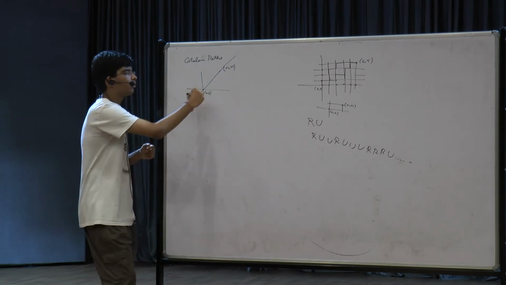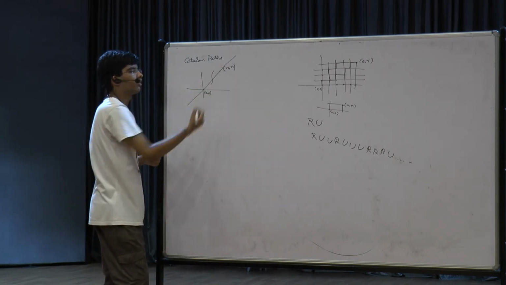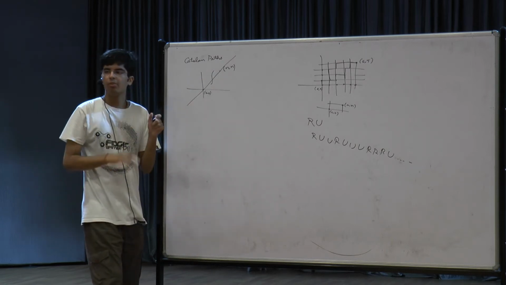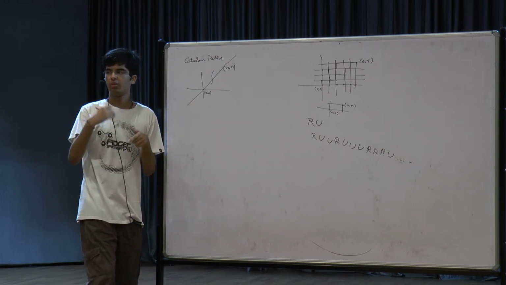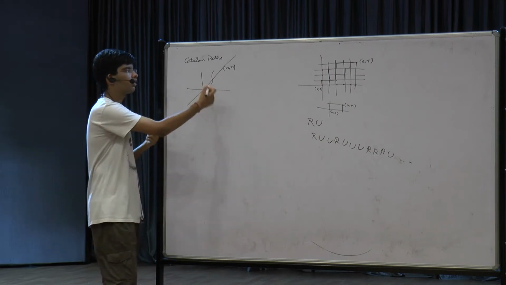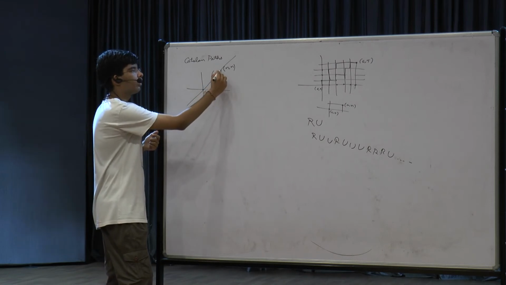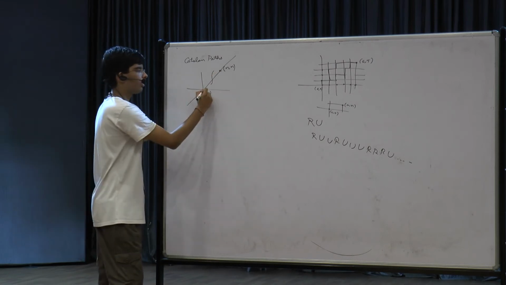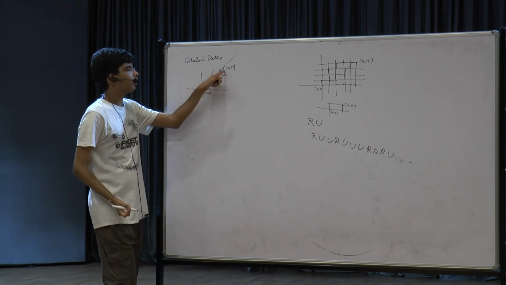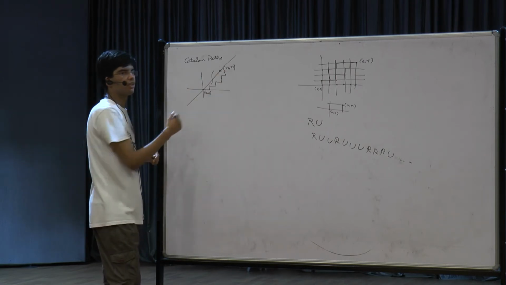Your path is never supposed to cross this line. Your path is always to touch the line or stay below the line. You're not allowed to go above the line. So the question is, how many such paths are there from 0, 0 to n, n using only rights and ups, but without crossing this line?